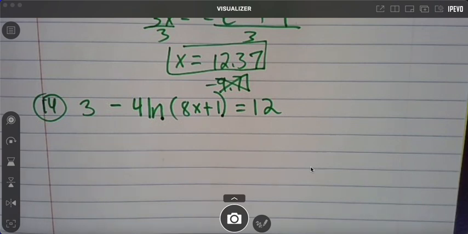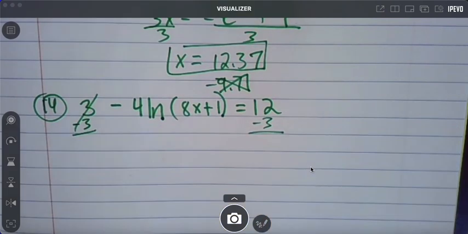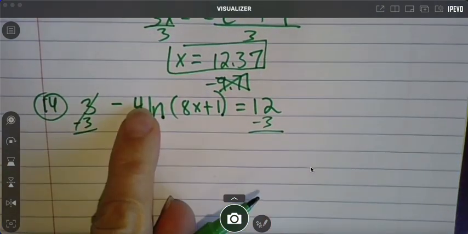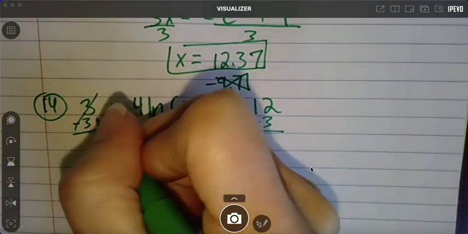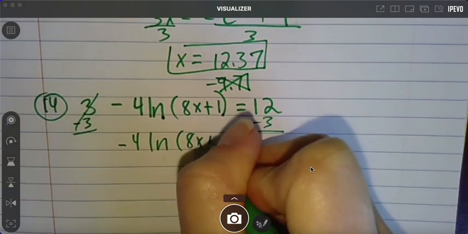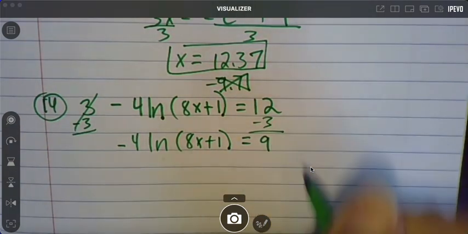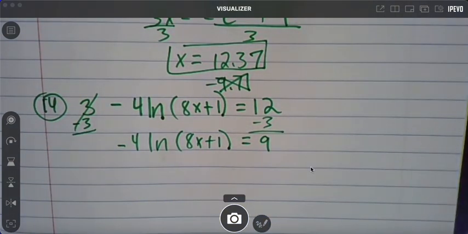I would definitely subtract 3. That's right. Subtract 3. Does everybody understand that? Let me move my 3 and then divide this negative 4 in a second. So negative 4 natural log 8x plus 1. What's 12 minus 3? 9. All I did was subtract 3.